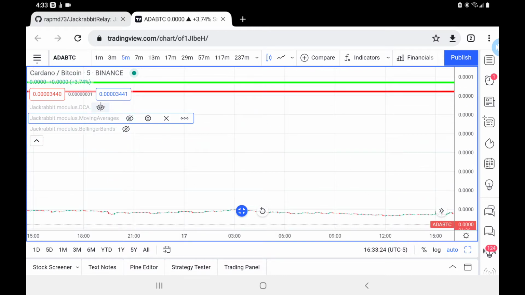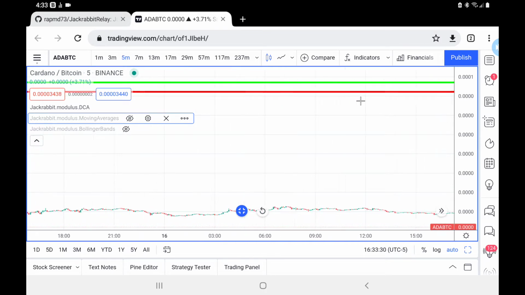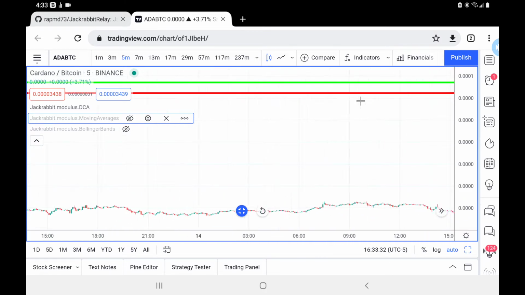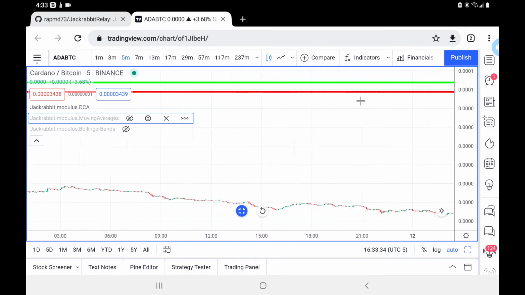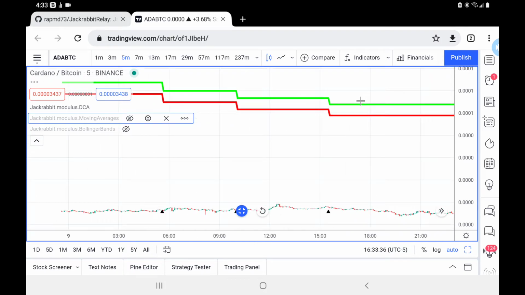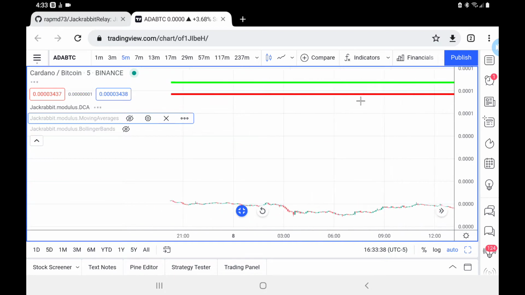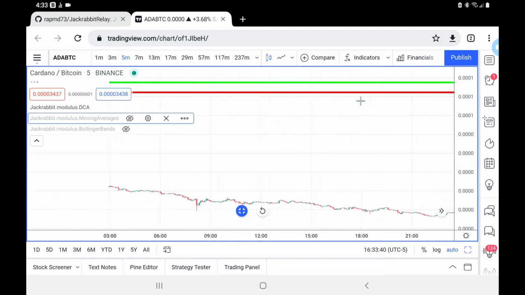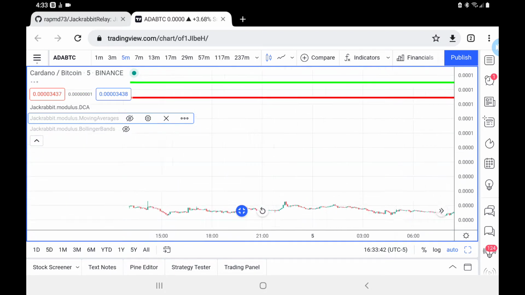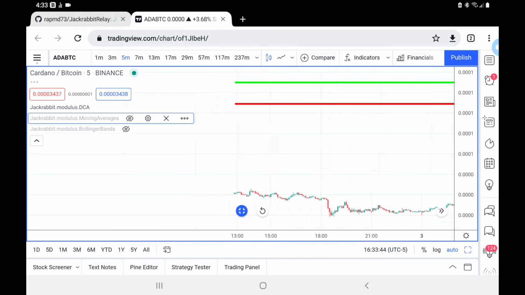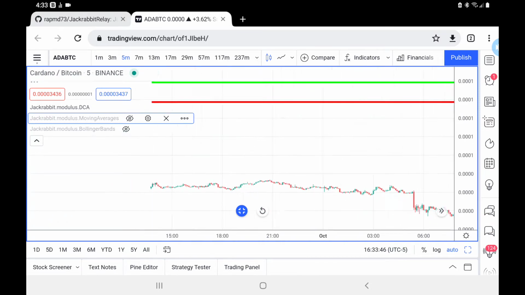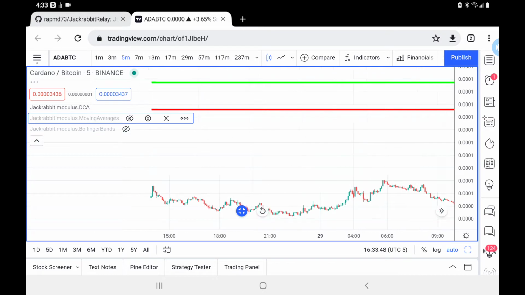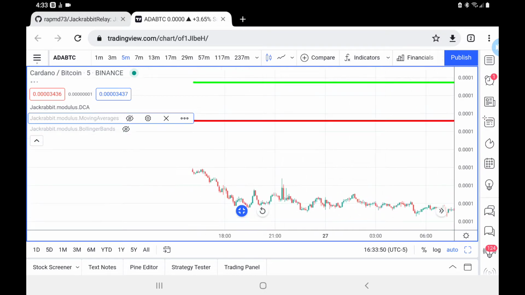And finally, the actual dollar cost averaging itself. As you can see, volatility plays a huge impact in how well BTC performs as a quote currency. It's a difficult process to work with.